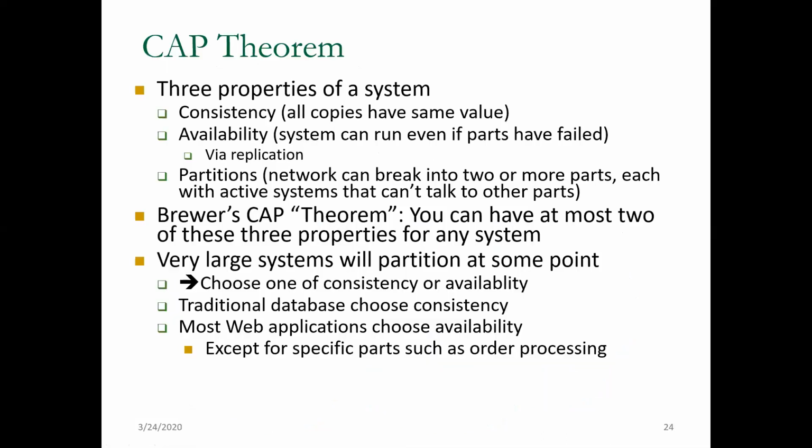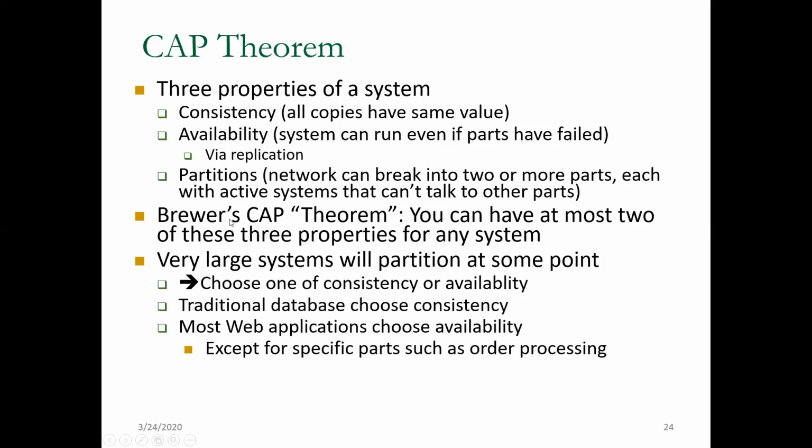Now, the very important aspect is the CAP theorem. This is a very important slide. The three properties of a NoSQL or distributed database system are consistency, that is, all copies have the same value; availability, the system can run even if a part has failed, via replication; and partitions, the network can break down into two or more parts with active systems that cannot talk to each other.